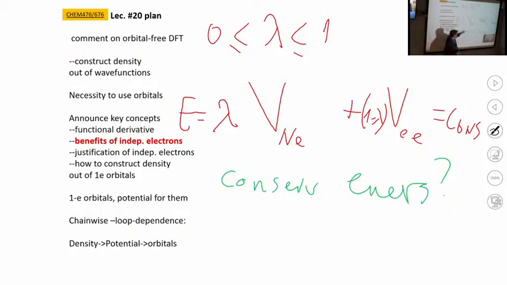So we will still compute both this energy and this energy out of density, and we will get total energy, well, plus kinetic, in a correct way. So there is a way to get correct energy for wrong relative proportions between attraction to ions and repulsion between electrons.